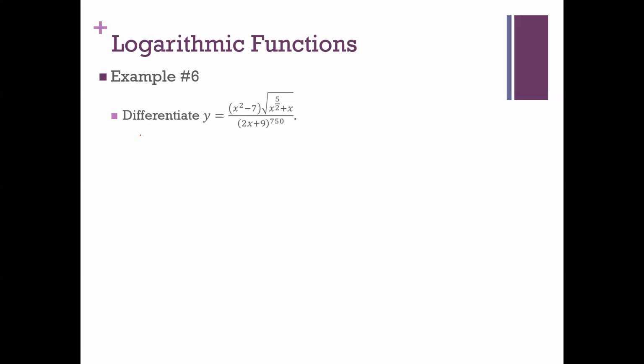I'm not going to do any of that. So what I'm going to do instead is take a natural log of both sides of this equation. That gives me a natural log of y equals the natural log of this beast that some of you were grinding your teeth at the moment you saw it.